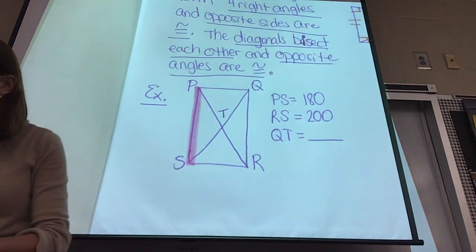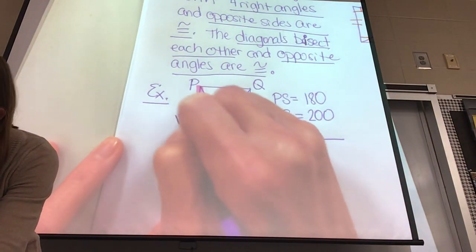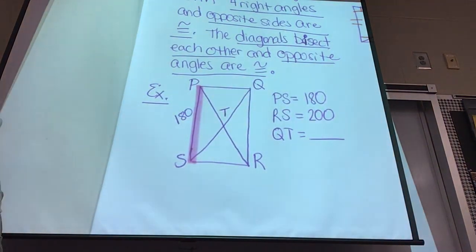That's what they've already told me. That side right there is 180. That was given to me. What else? RS is 200. They told me RS is 200. RS, where's RS? On the bottom.